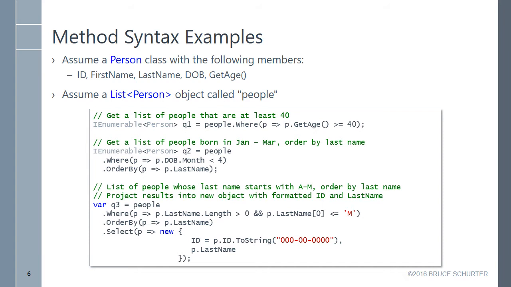The second query is very similar to the first one, but we add the OrderBy statement as well. And notice how they're chained together. We again have the IEnumerable of type Person, and we call this one Q2. We set it equal to people. Then we say .Where, p such that p.DateOfBirth.Month is less than 4.